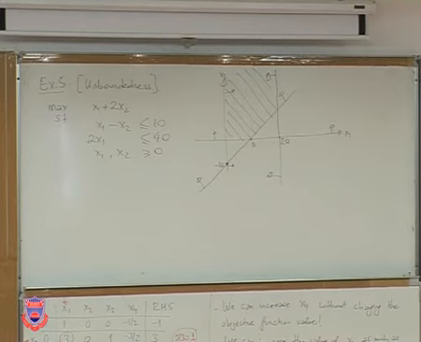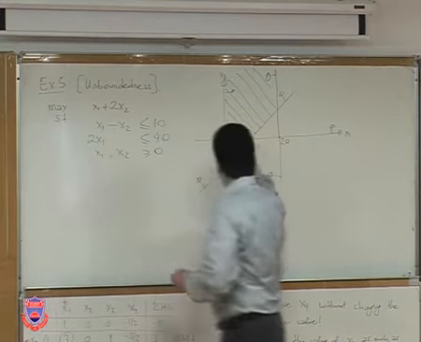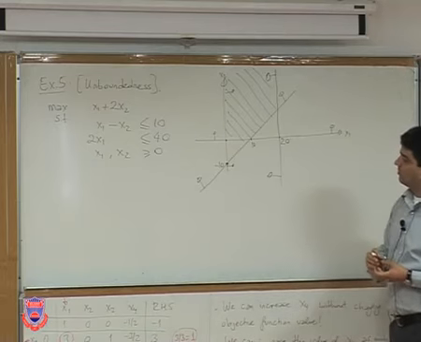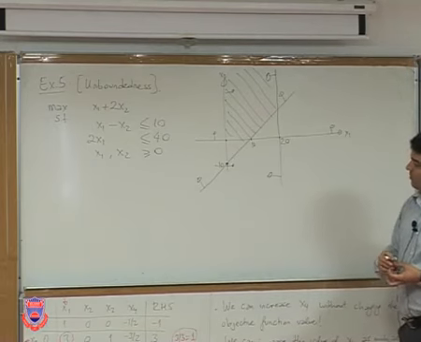All right, so what's the next step? Well, I'm going to look at the isoprofit line. This is a maximization problem. So first, let's try to draw the line x1 plus 2x2 equals 0. What does that line look like? It's going to go through 0, 0. And I need one more point.